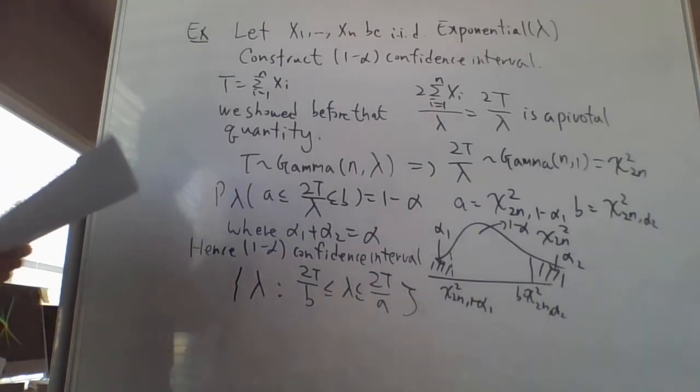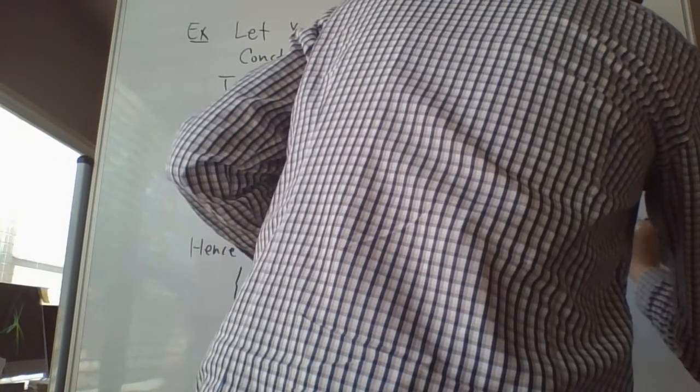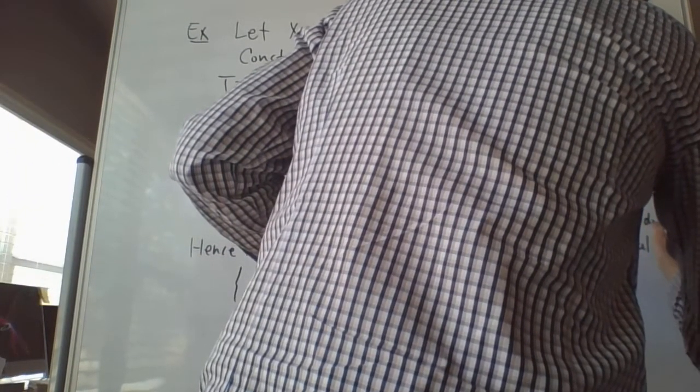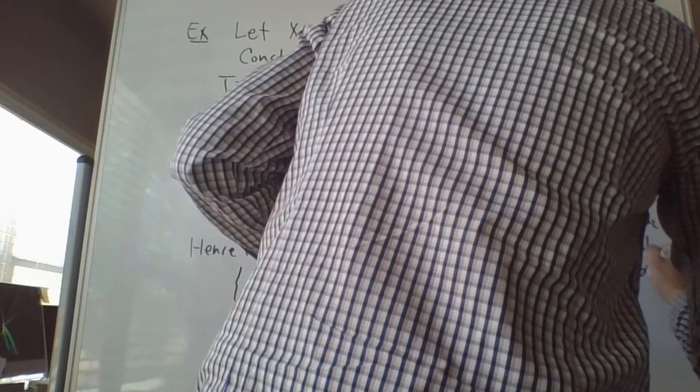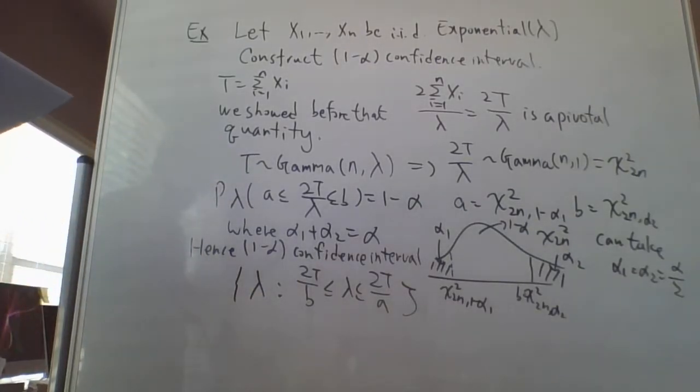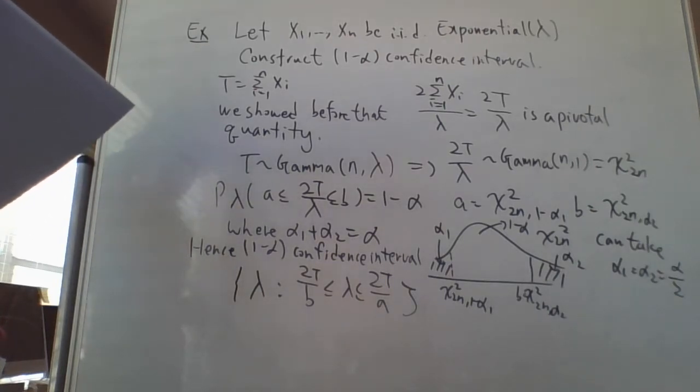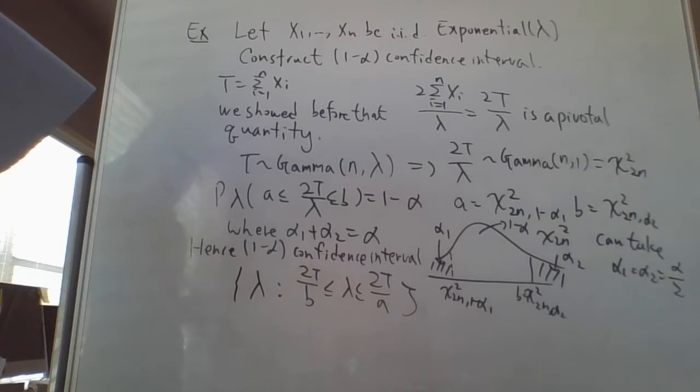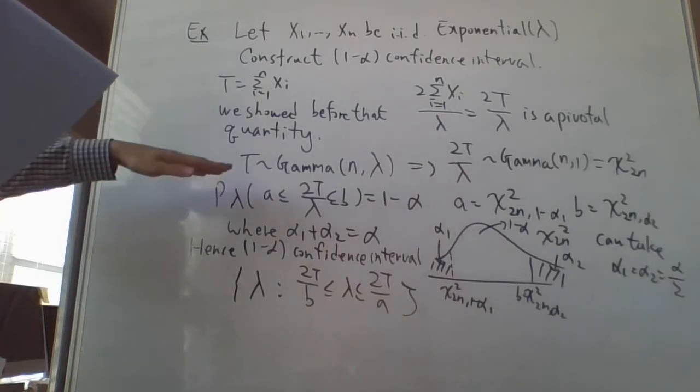Then especially you can take alpha 1, alpha 2 the same, which is alpha divided by 2. So you can see that here 2t divided by lambda is decreasing in theta.